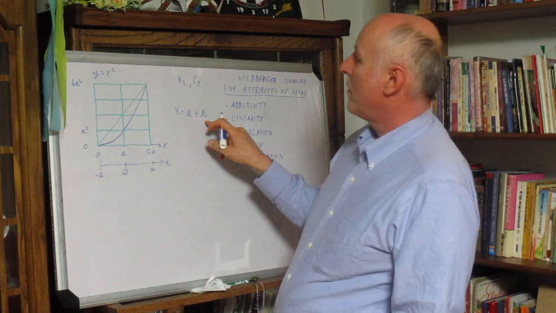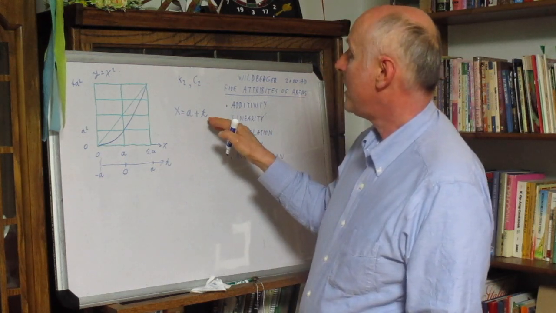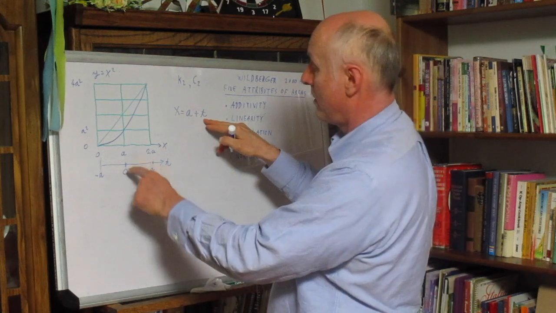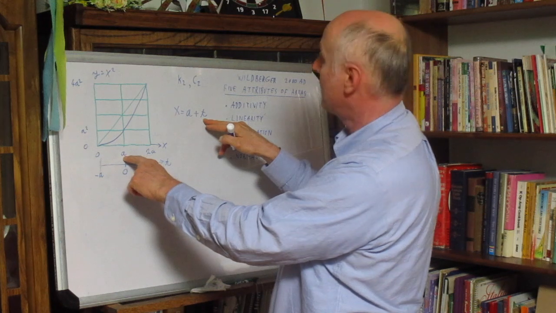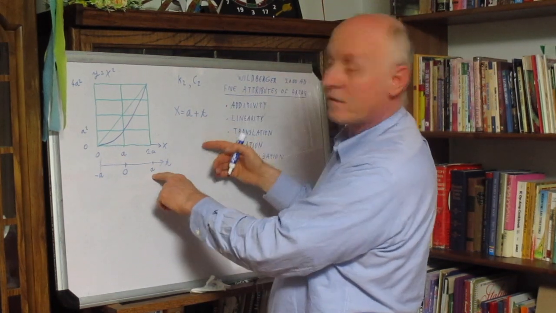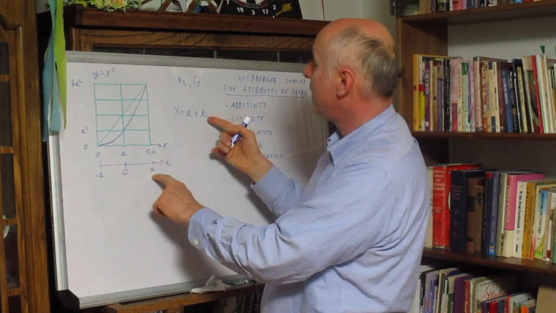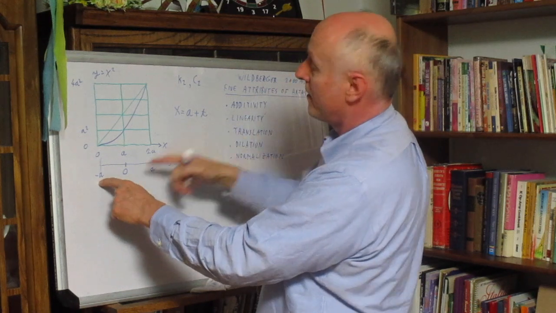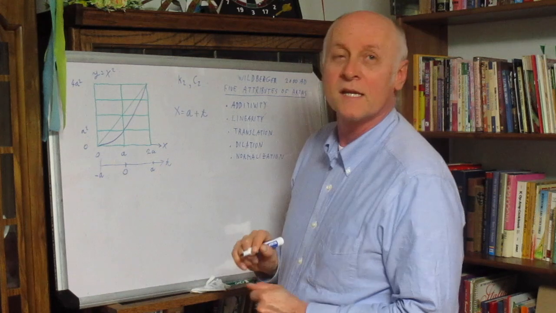If you plug in t equals 0, you get x equal to a. If you plug in t equals a, well, a plus a is 2a. You plug in t equals minus a, plus a gives you 0. So you see how that works.